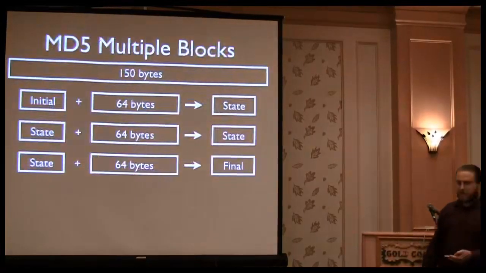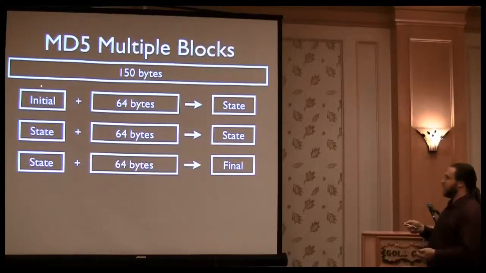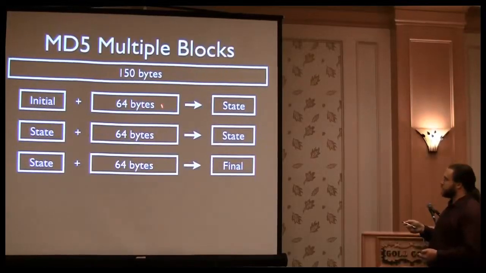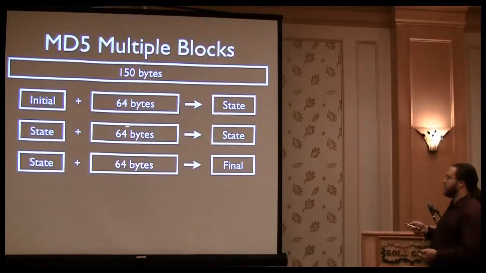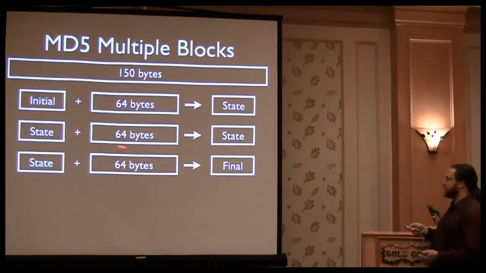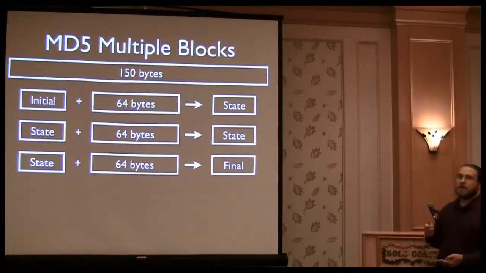When you have more data than that, what happens is the initial state is loaded. The first 64 bytes of data are processed through the algorithm, and then you get the state at the end. You take that state, you process the next 64 bytes of data, and you get another state. And you keep doing this until you get your final hash.